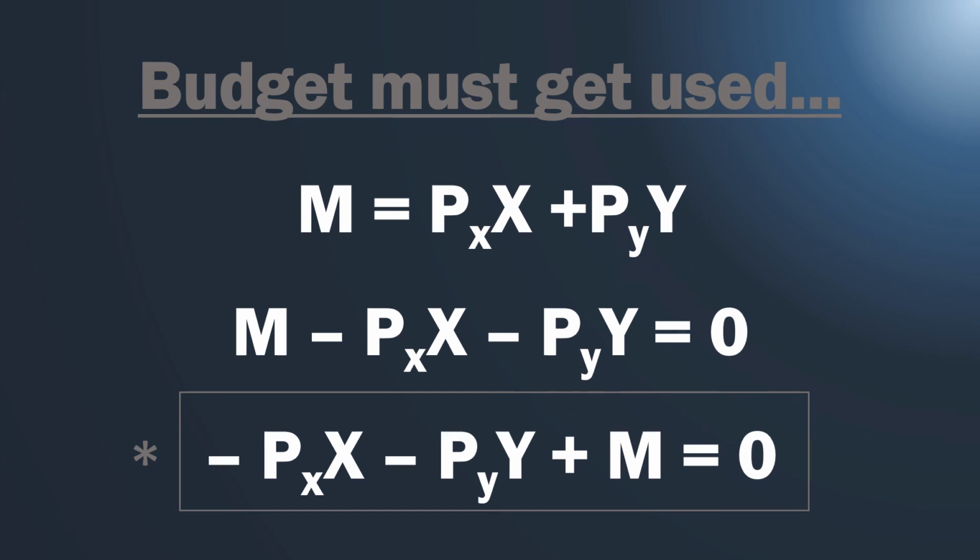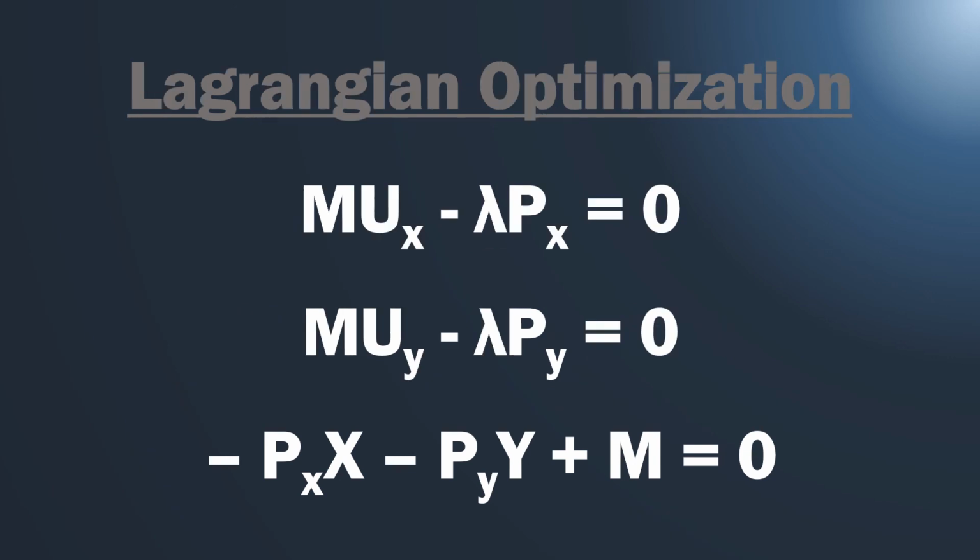Then we just rearrange that with some basic algebra to get the point where we end up with the negative price of x times the quantity of x minus the price of y times y plus our income has to be equal to 0. So minus px times x minus py times y plus m equals 0. So be on the lookout for this format. So we've shown three equations that we're going to be on the lookout for, and these three are going to be incorporated into our Lagrangian approach to constrained optimization.